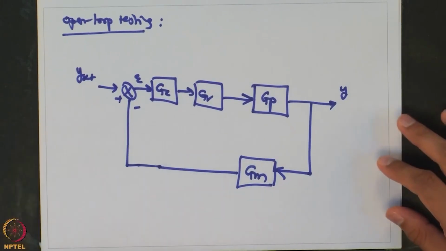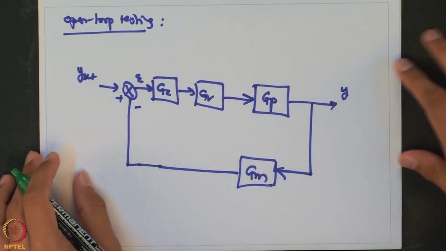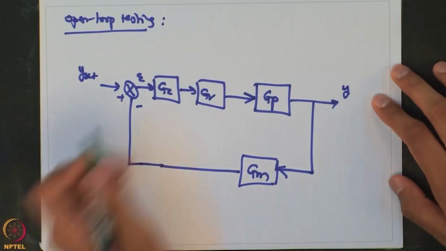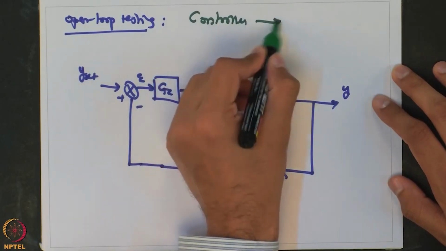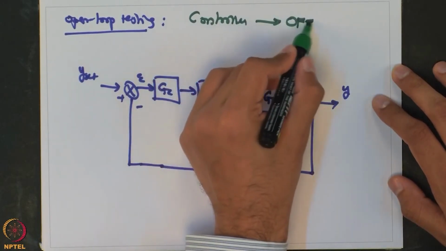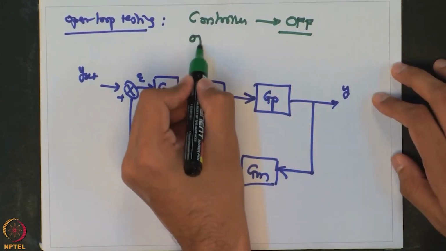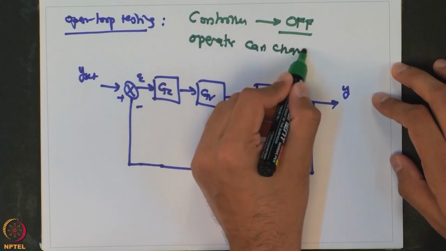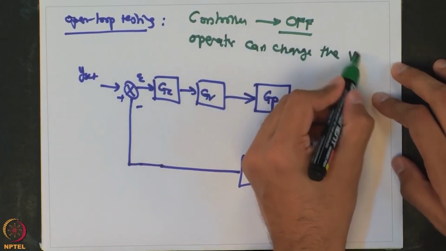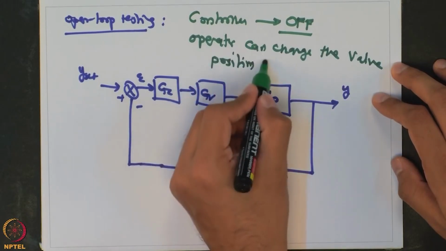The way you do it is, whenever you see the panel of a controller turned off, the operator can change the valve position manually.